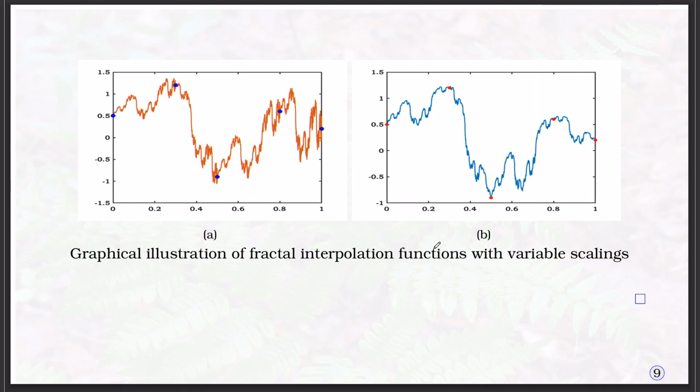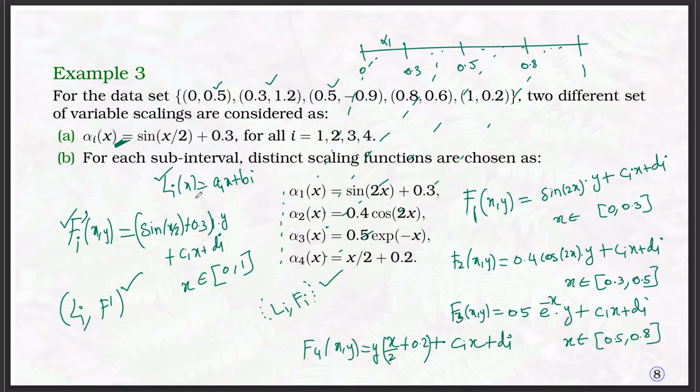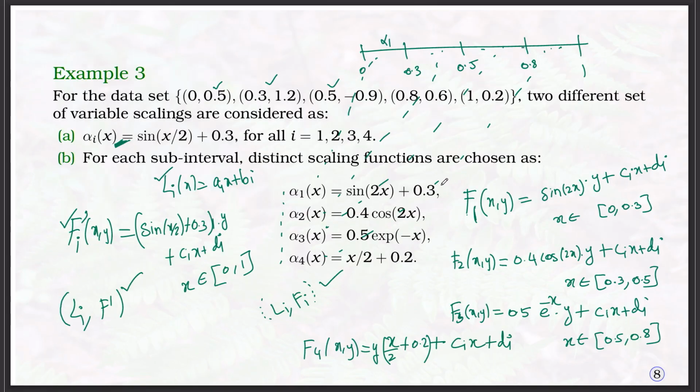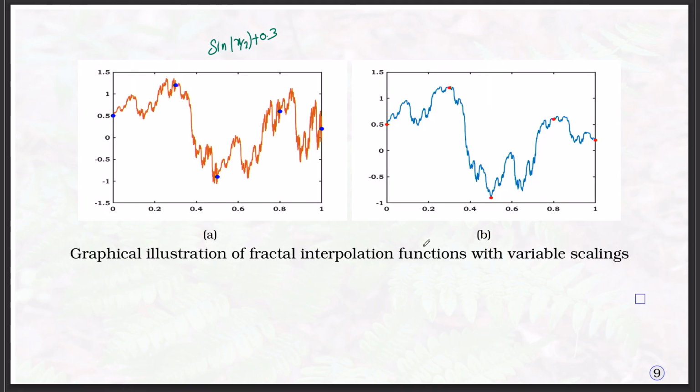Now, you can observe here the first one, the saffron one, shows the fractal interpolation function generated by the vertical scaling factor sin x by 2 plus 0.3. For the same set of data, if you are choosing this variable scaling factor, one can get the fractal interpolation function like this one.